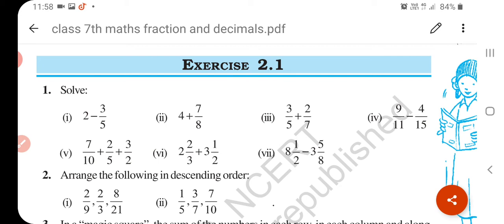If the fractions are like, then we easily add or subtract the fractions. But if the fractions are unlike, then we have to convert them into like fractions, and then we add or subtract. Understand? Okay.